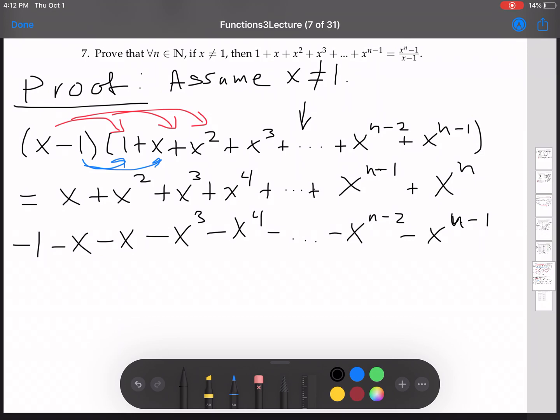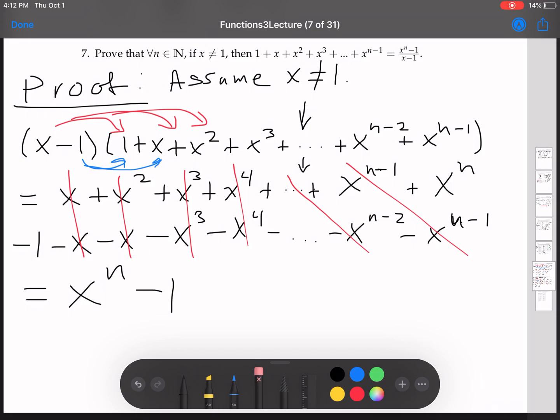Now we're going to get a bunch of things to cancel. These will all cancel. Right here as well, there's an x to the n minus 2 that'll cancel with that term. Those will cancel like that, and we're left with x to the n minus 1.